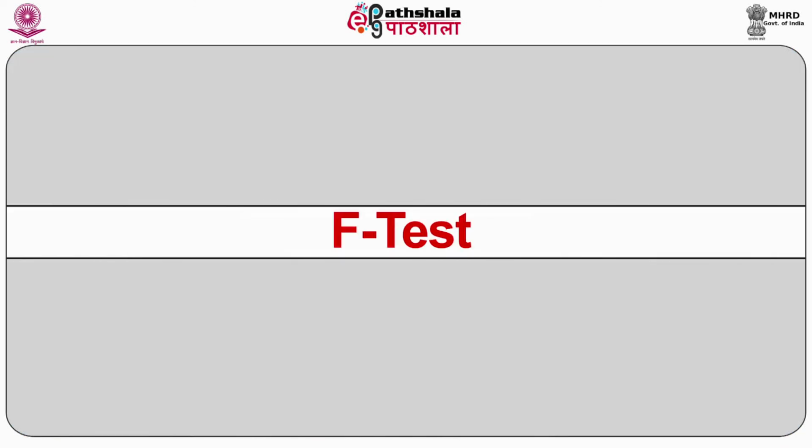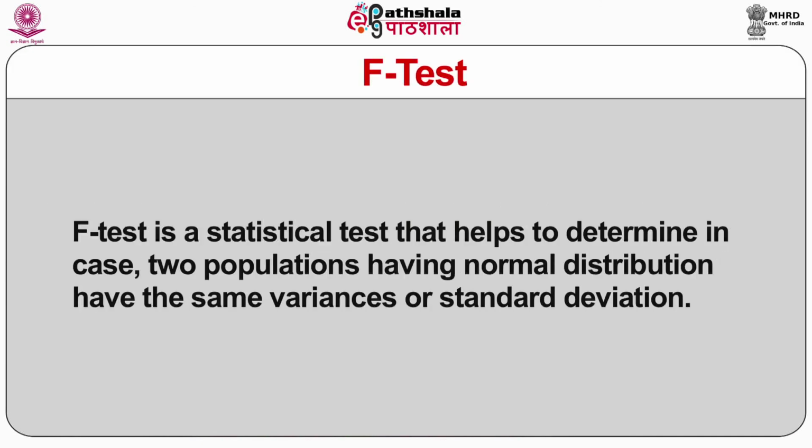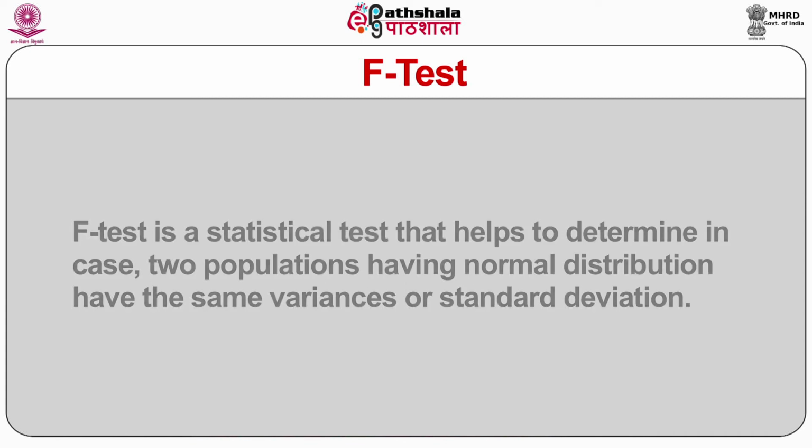So friends, we'll start with the F-test. F-test is a statistical test that helps to determine in case two populations having normal distribution have the same variance or standard deviation. It is an important constituent of analysis of variance.